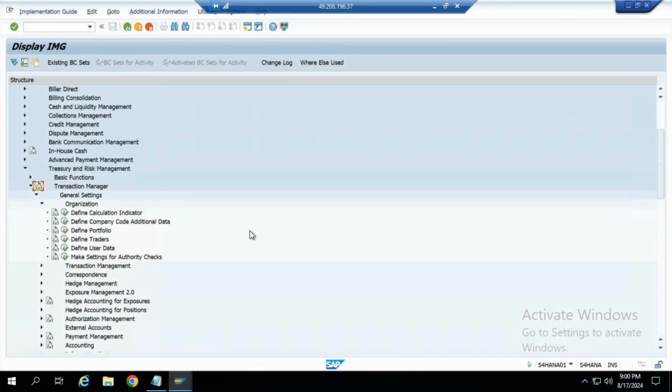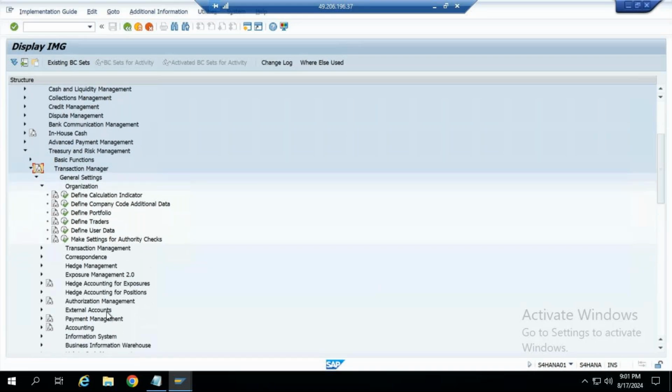Before we set up anything, the first setup we usually do in the SAP Treasury module is to set up your organization structure. There are two organization structures: one at the organization general settings level, and another at the account determination level.